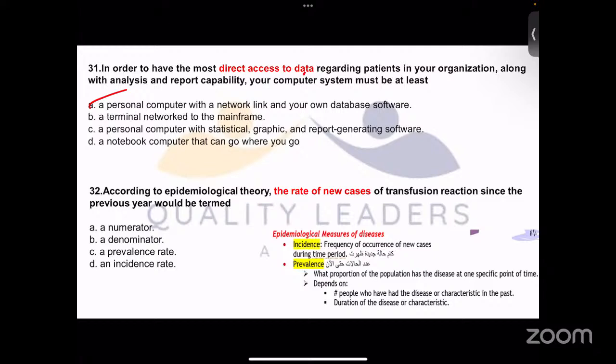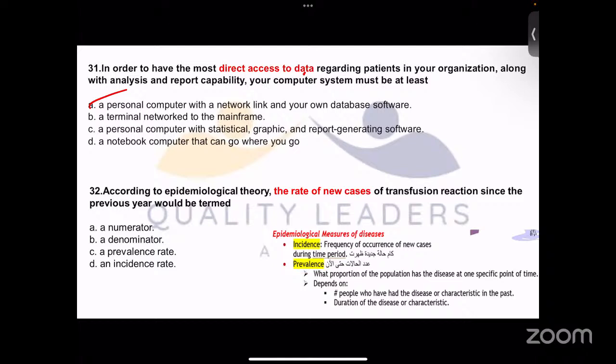Okay, clear? Number 32. According to epidemiological theory, the rate of new cases of transfusion reaction since the previous year would be termed A, a numerator, B, a denominator, C, a prevalence rate, and D, an incidence rate.